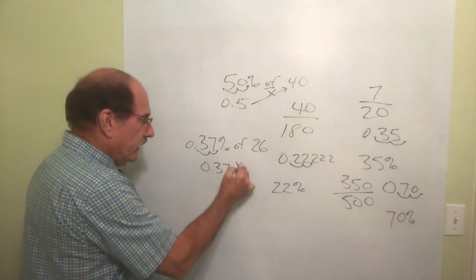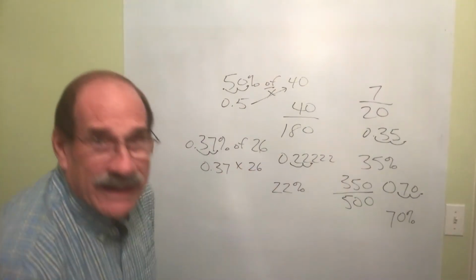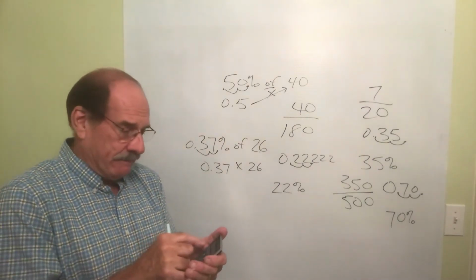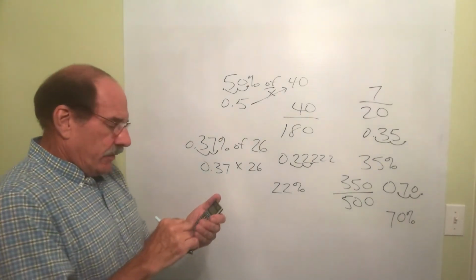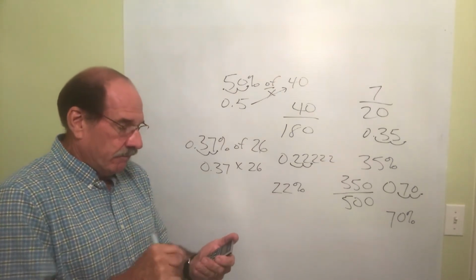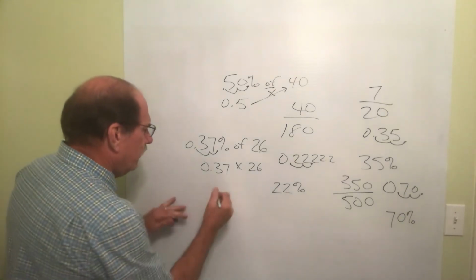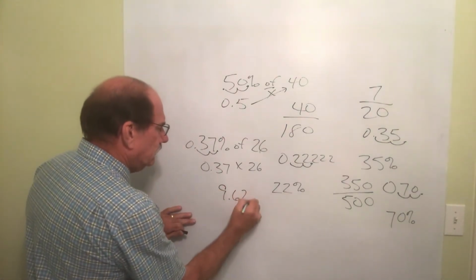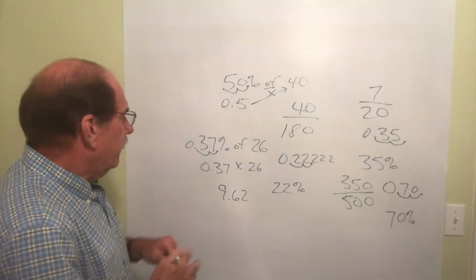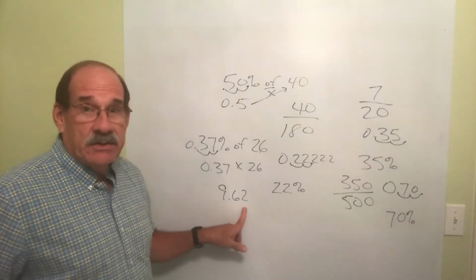Of means multiply by 26, so 0.37, and I can't do that in my head. 0.37 times 26 is 9.62. So 37% of 26, whether it's people or ounces or whatever it is, is 9.62.